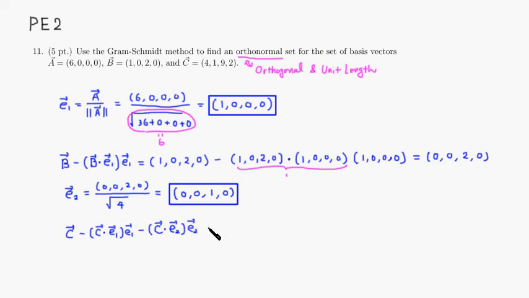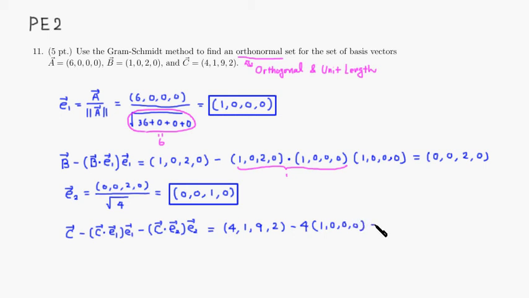C is 4, 1, 9, 2. Let's do the dot products. The dot product of C with E1 is 4 times 1, which is 4, plus 0, plus 0, plus 0, so it's 4, times E1, which is 1, 0, 0, 0.